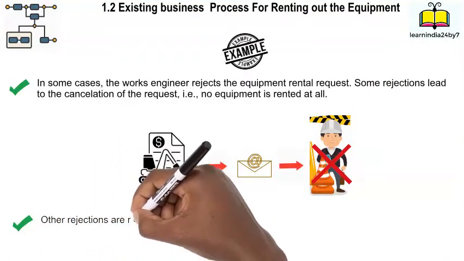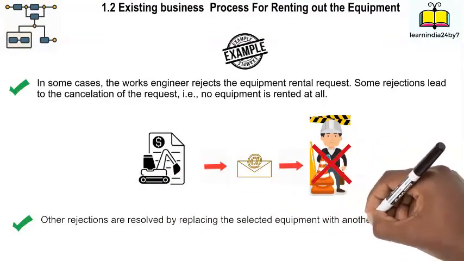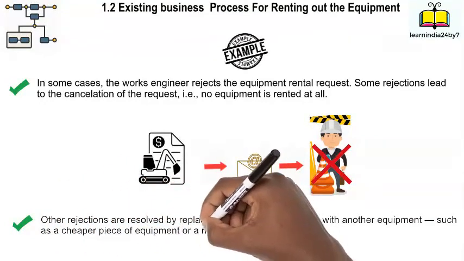Other rejections are resolved by replacing the selected equipment with another piece of equipment, such as a cheaper or more appropriate one.